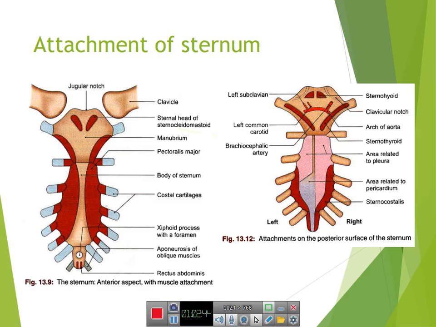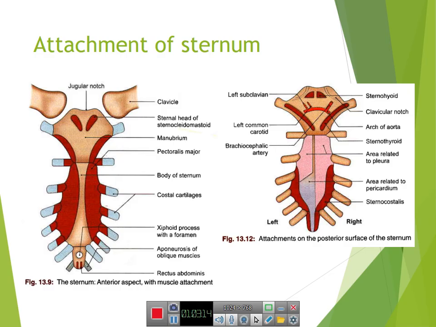The upper half is related to the left brachiocephalic vein, the brachiocephalic artery, the left common carotid artery, and the left subclavian artery. Those are all branches of the arch of the aorta. The lateral portions of the surface are related to the corresponding lung and pleura.